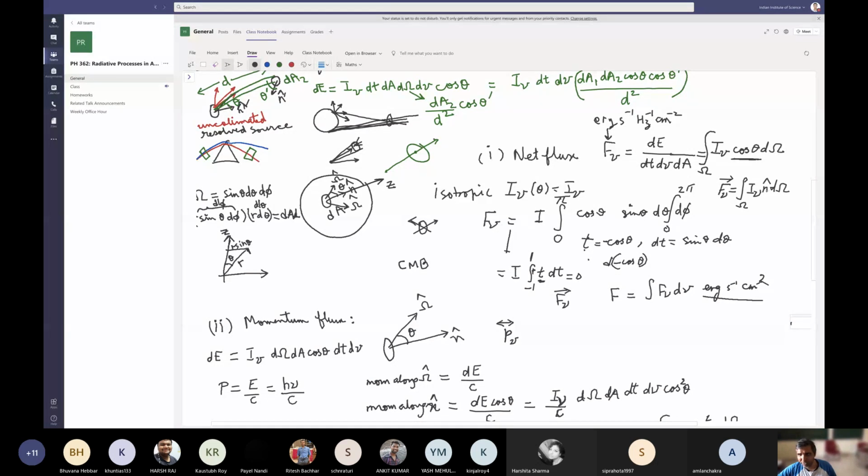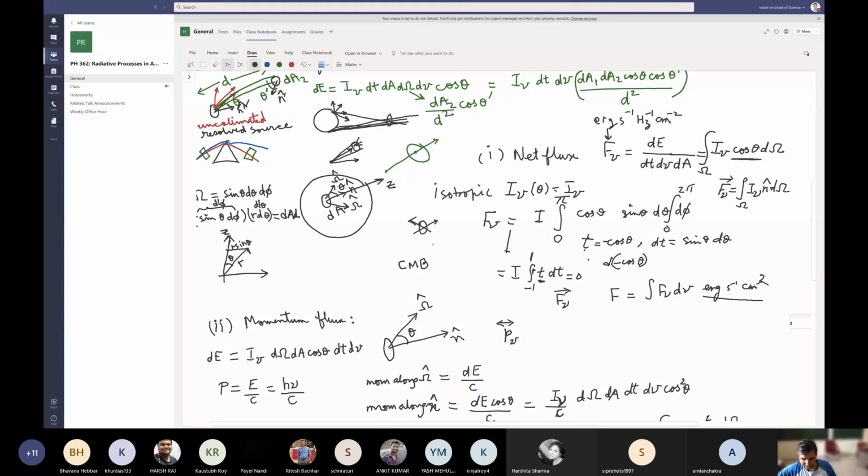If I take a component of this vector along some direction n hat, it just becomes cos theta, right? But this is a more mathematically precise definition of flux. Flux is a vector, I nu n hat d omega, and n hat of course changes with the ray that you're considering. So these expressions are one and the same thing, except that here I have written it in a vector form, right?